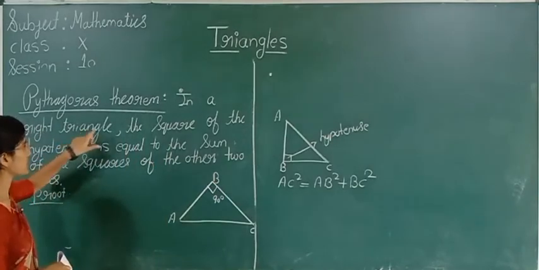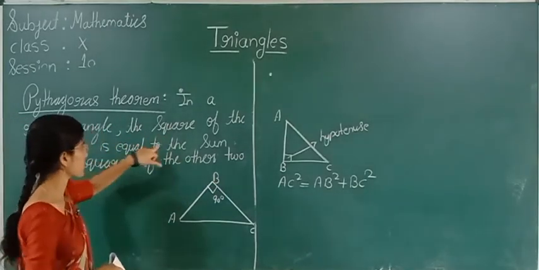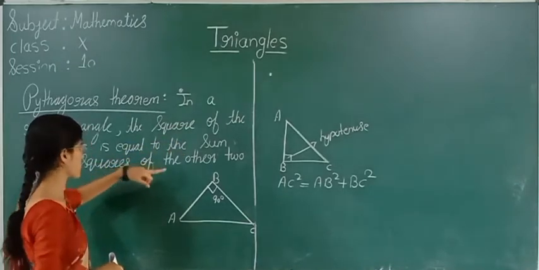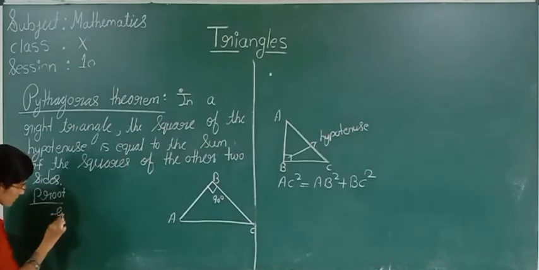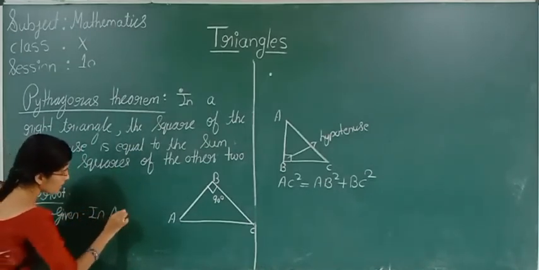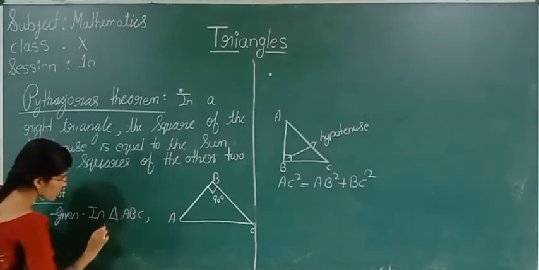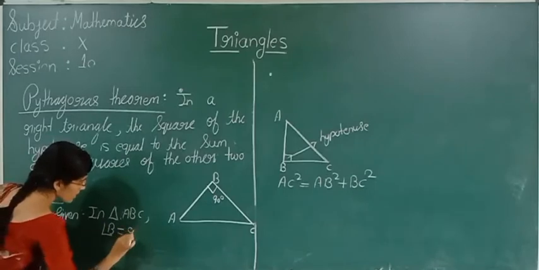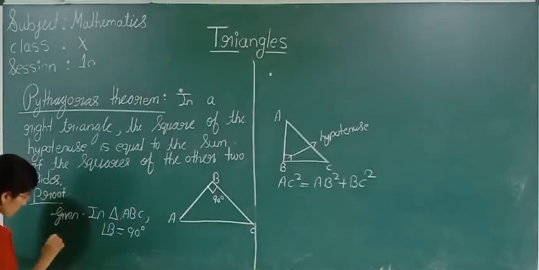In a right triangle, the square of the hypotenuse is equal to the sum of the squares of the other two sides. Now see here, given: what is given? In triangle ABC, angle B is equal to 90 degrees. Only this much they have given us. What do we have to prove here?